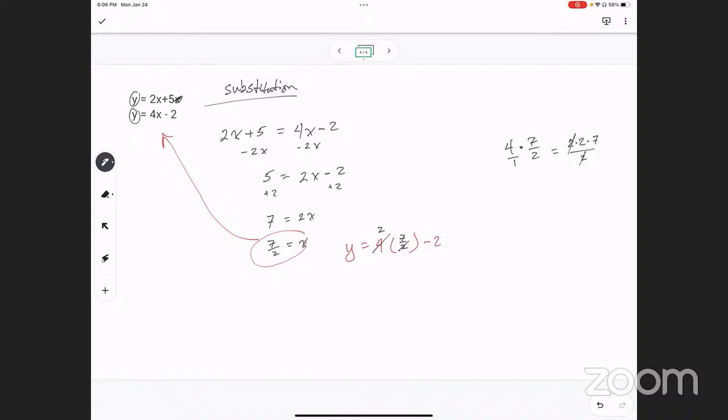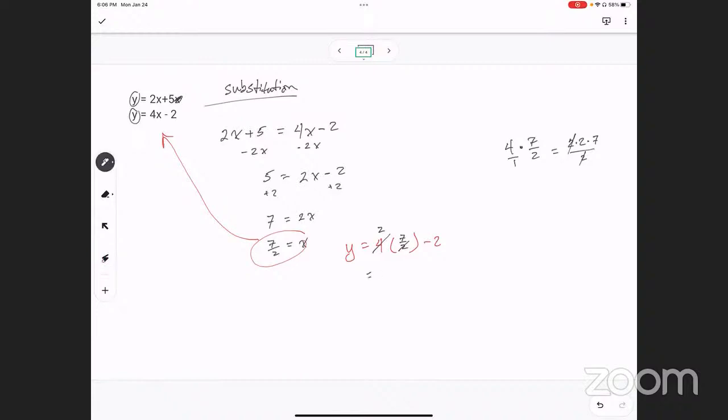So another way you could have done that is just right from the start said, oh, look, this is a 4 on the top, and this is a 2 and a 2. This is like 2 times 2. So one of the 2s is going to cancel out with one of the factors of 2 in there. Okay. Make sense? Yeah. Not quite done yet, right?